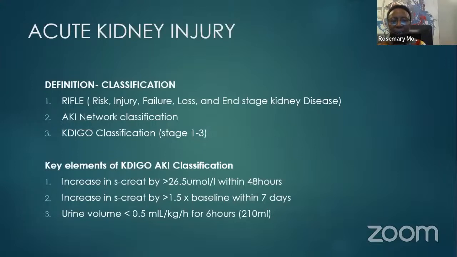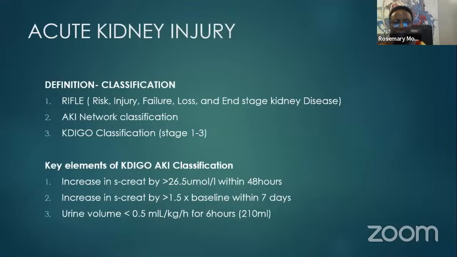The key elements of the KDIGO AKI classification is you'll have an increase in serum creatinine by more than 26.5 micromoles per liter within 48 hours. So basically, I'm going back to the definition that I spoke to earlier. It's just the difference of the units.